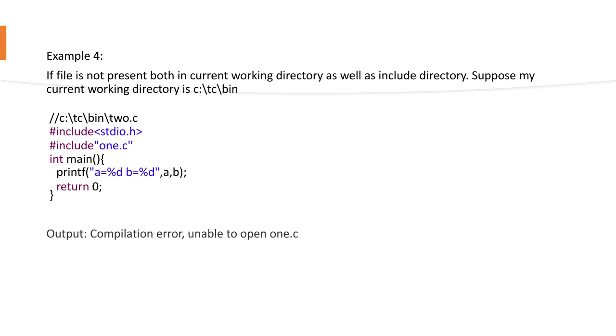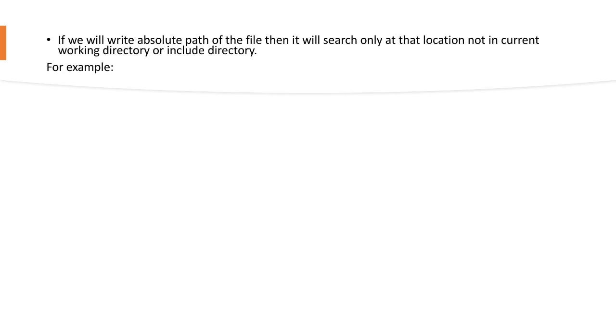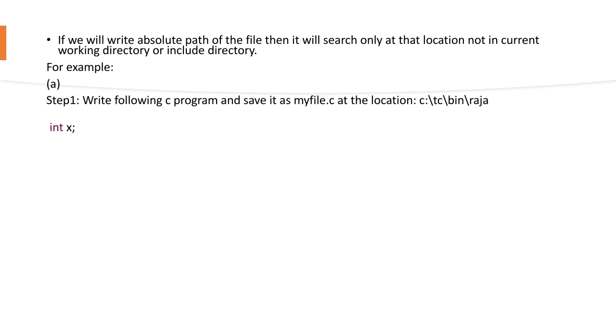If we write the absolute path of the file, then it will search only that location, not the current working directory or include directory. For example, step 1: write the following C program as myfile.c with the location shown here, with an int x max function: a greater than b, ternary operator, a equal to b.